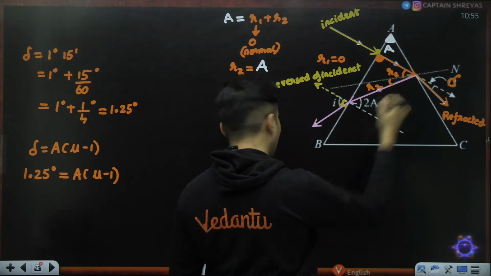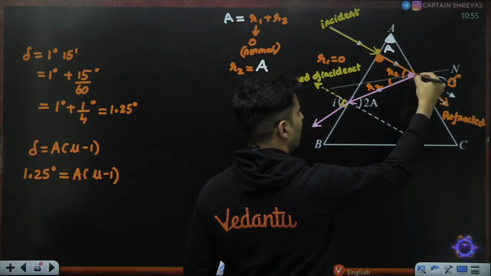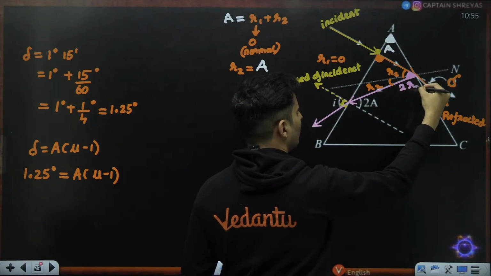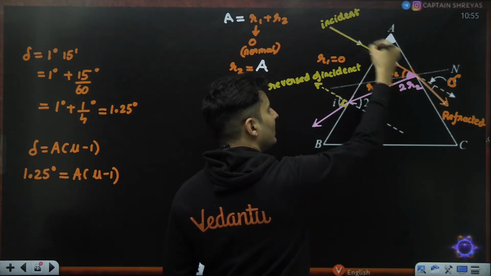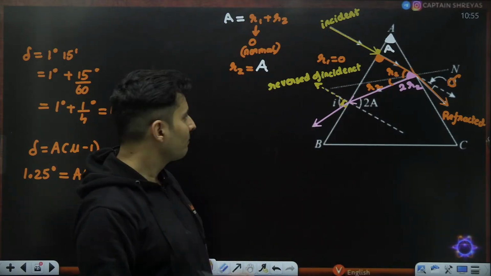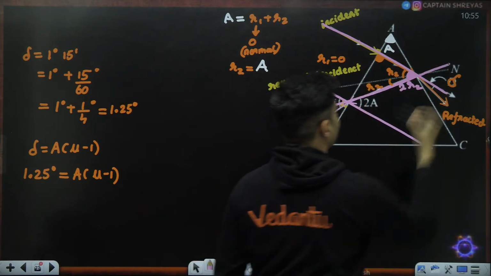So the total angle that is formed over here is basically 2 times R2. Can you see that? Between this and this is nothing but 2R2. Everyone? Now, do you see two parallel lines and an intersect?